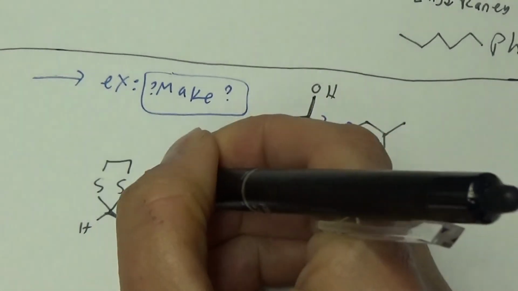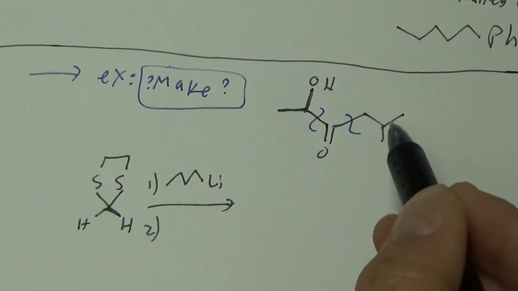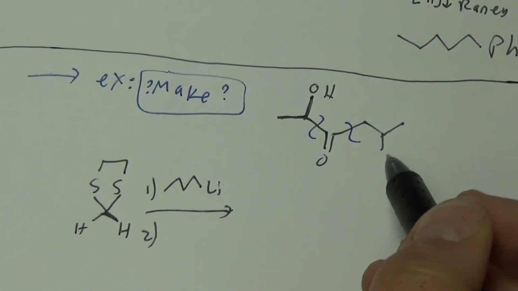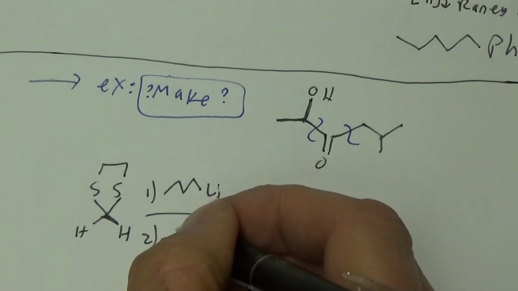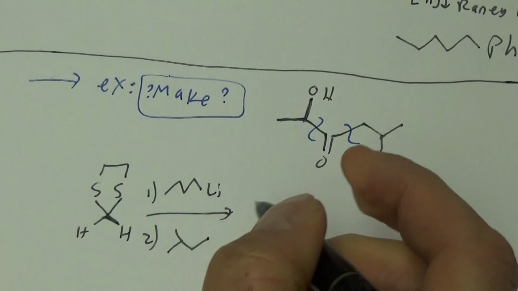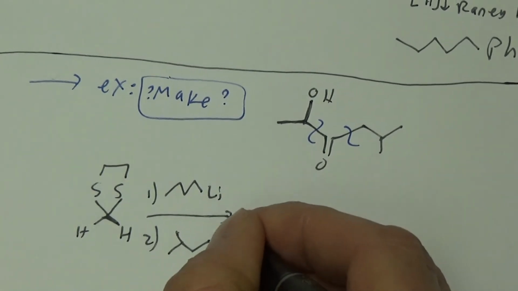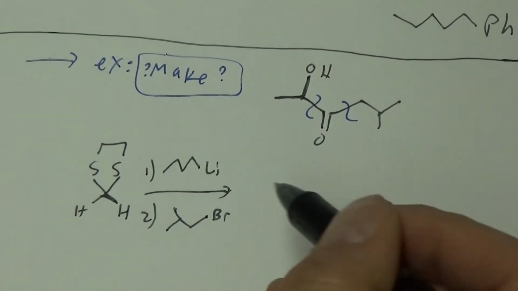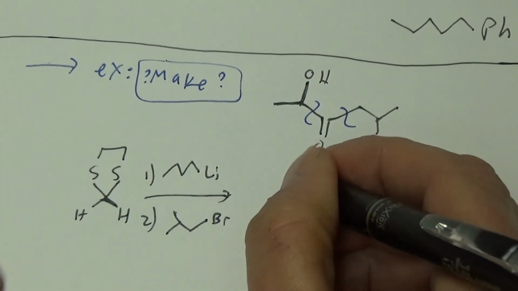And I'm going to do butyl lithium. I'm going to attach the isobutyl group on first because that avoids having to protect the alcohol, and it just makes our life a little easier. So it's four carbons, 1, 2, 3, 4, and then a Br. Okay, that will attach the right side.